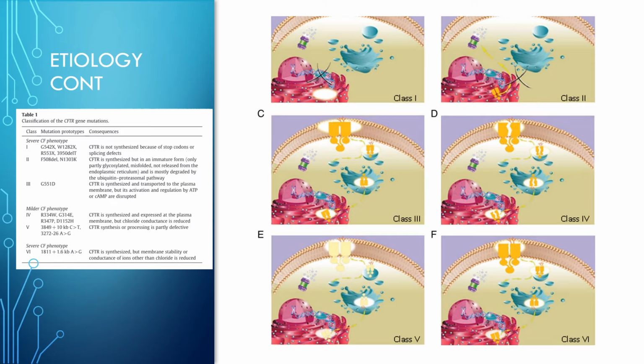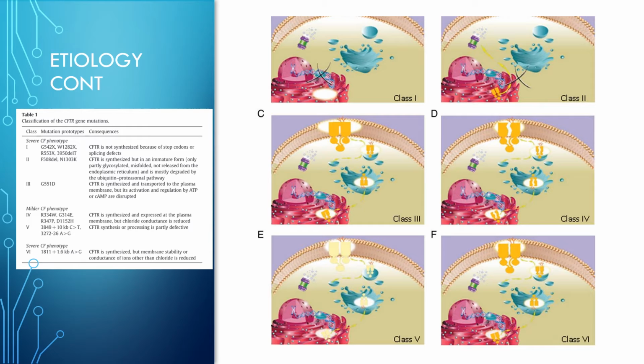In Class 2, there's an immature form of the protein created, meaning a protein technically was synthesized, but since it was an immature form, it was degraded before it was able to reach the plasma membrane. In Class 3, we can see that there is, in fact, a protein on the plasma membrane. Here we can see it present, but its activation is disrupted, therefore meaning that it is not functioning.